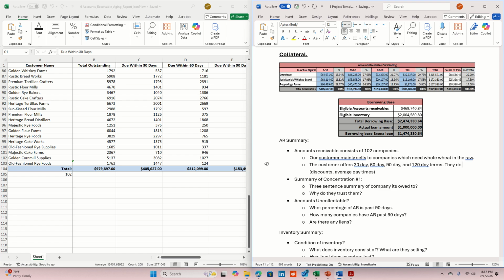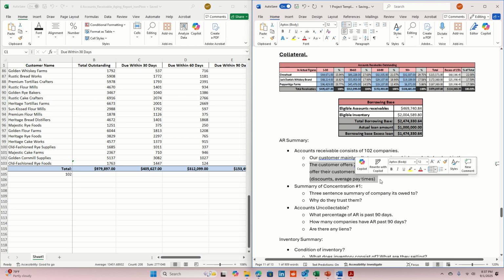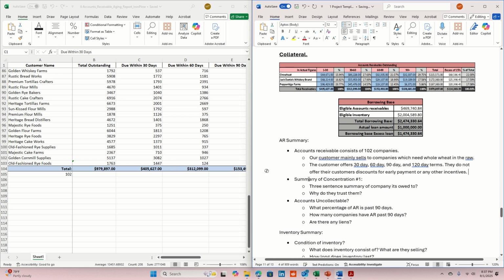They do not offer their customers discounts for early payment or any other incentives for that matter. And now we can delete that out. Let's go ahead and get rid of that.